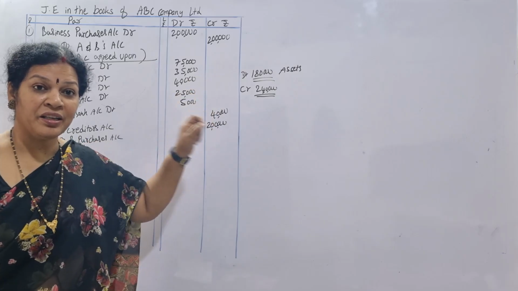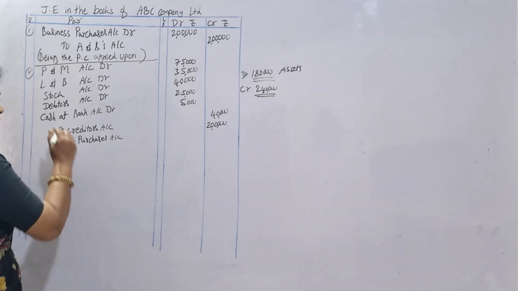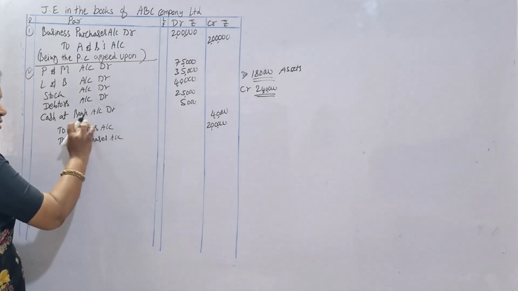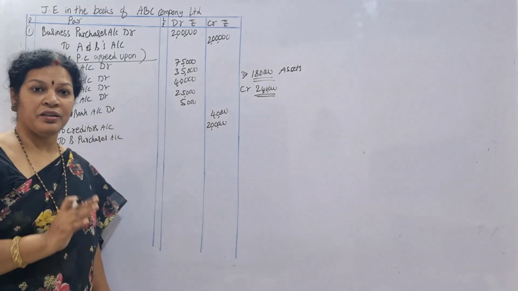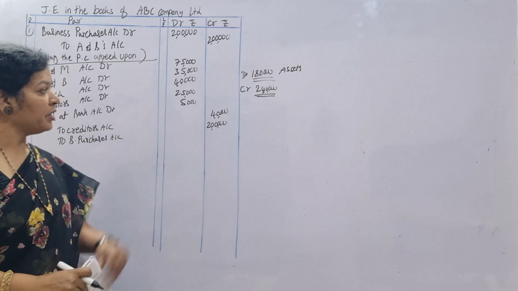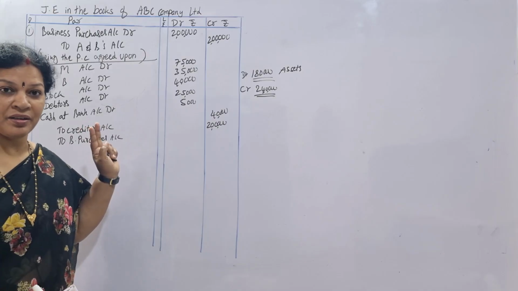Whenever the debit side is less, we'll say it is goodwill. I left a little bit of space on the debit side, because we do not know in advance where the difference will come. If the debit side amount is less, we'll say debit goodwill account.